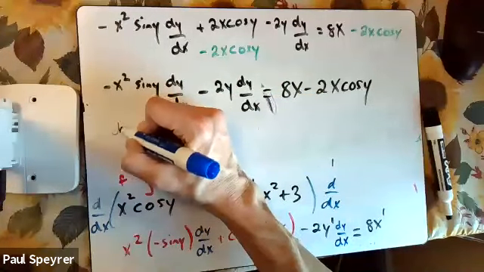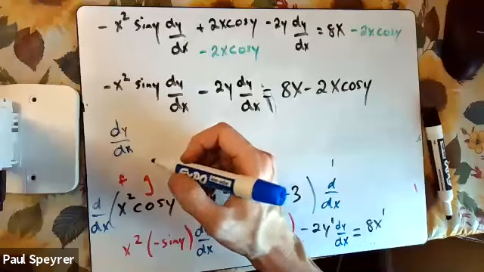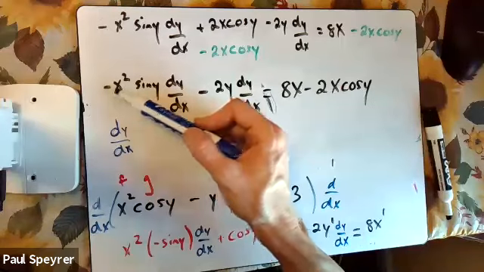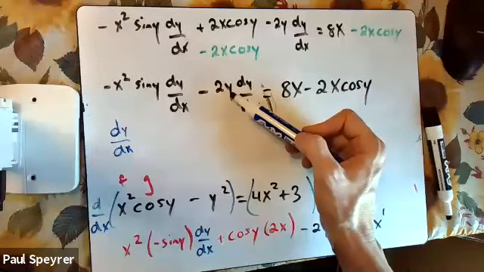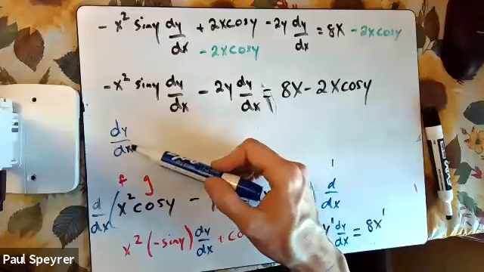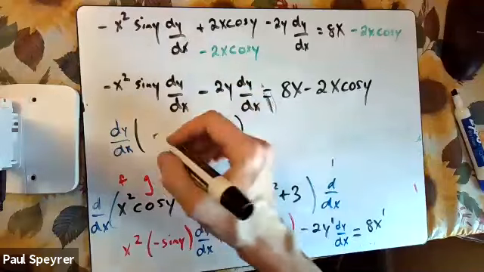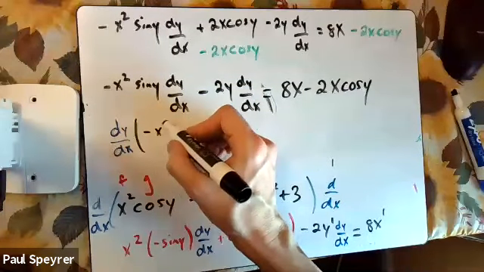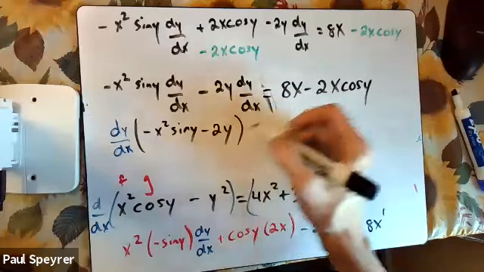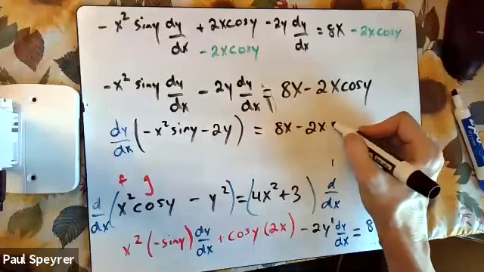That's all you'll ever pull out in these implicit cases. Even if they had a constant, let's say this is like a 10x squared and this is a 2y, don't pull out a 2, okay? Because you're not trying to isolate the numbers, you're trying to isolate the dy dx component, so only pull that out. Now we have negative x squared sine of y minus 2y equals the right-hand side.